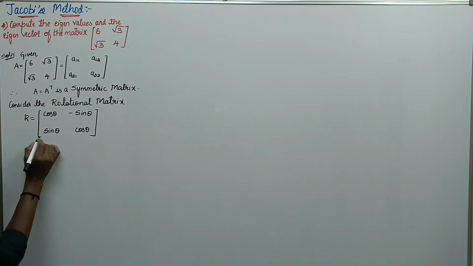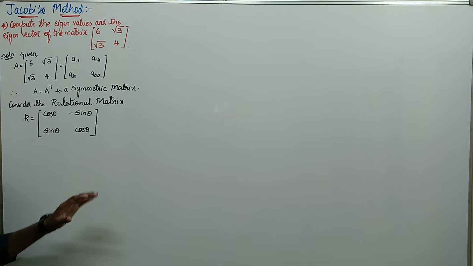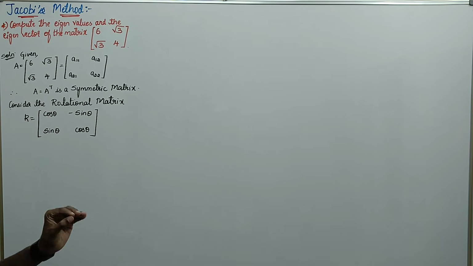Then this we call the rotational matrix. Now here what we are supposed to find is the angle theta.